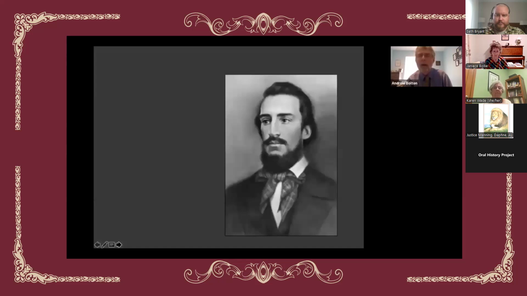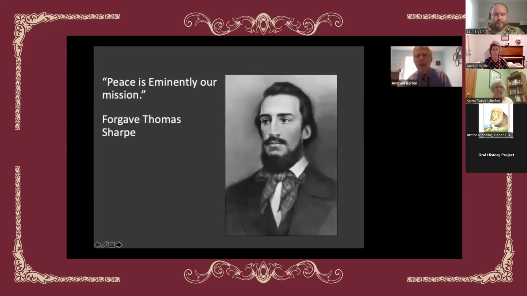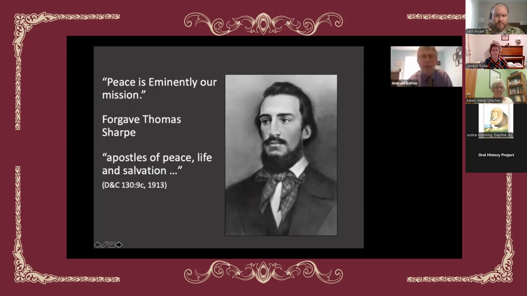He embarked on a peace direction. He said, peace is eminently our mission. He forgave Thomas Sharp, who was the editor of a newspaper that didn't do us any favors. And Thomas Sharp, for sure, was involved in the assassination plot of his dad and uncle. In 1913, in a section of the Doctrine and Covenants, he described the Council of 12 as apostles of peace, life and salvation.